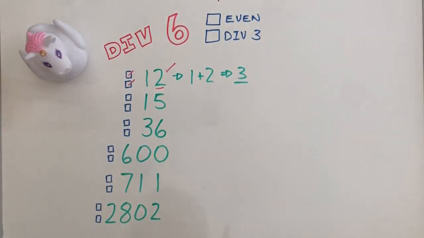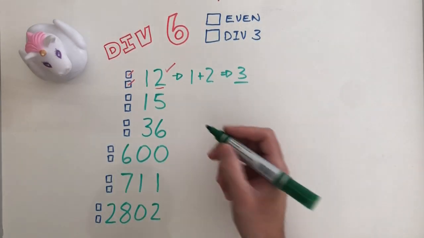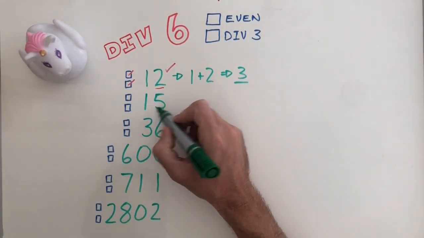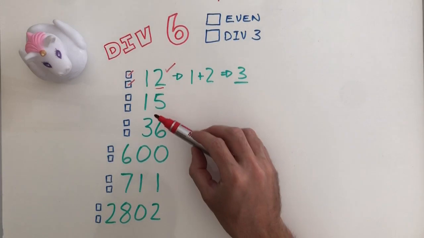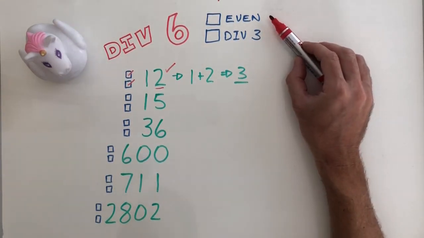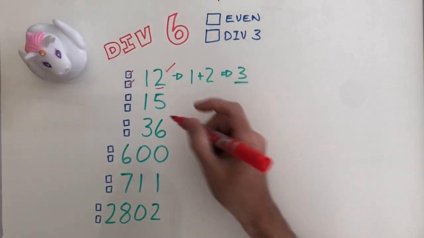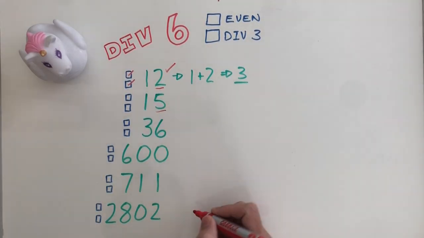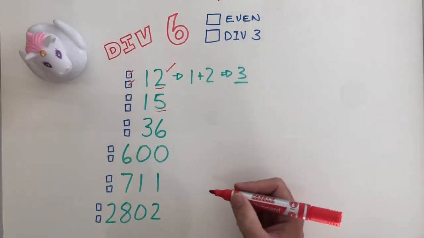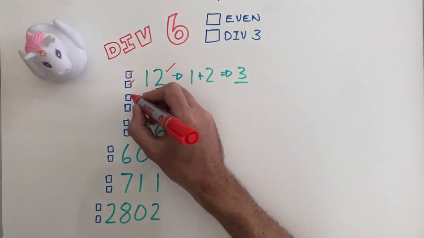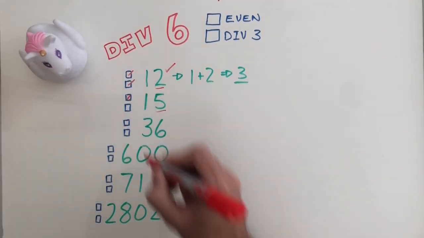Okay, the next example, I know we can see it's not going to be divisible by 6, but let's look at the test. The first test is whether 15 is an even or an odd number, or whether it's divisible by 2. Because this is an odd number, it's not going to be divisible by 2, so it fails the first test.